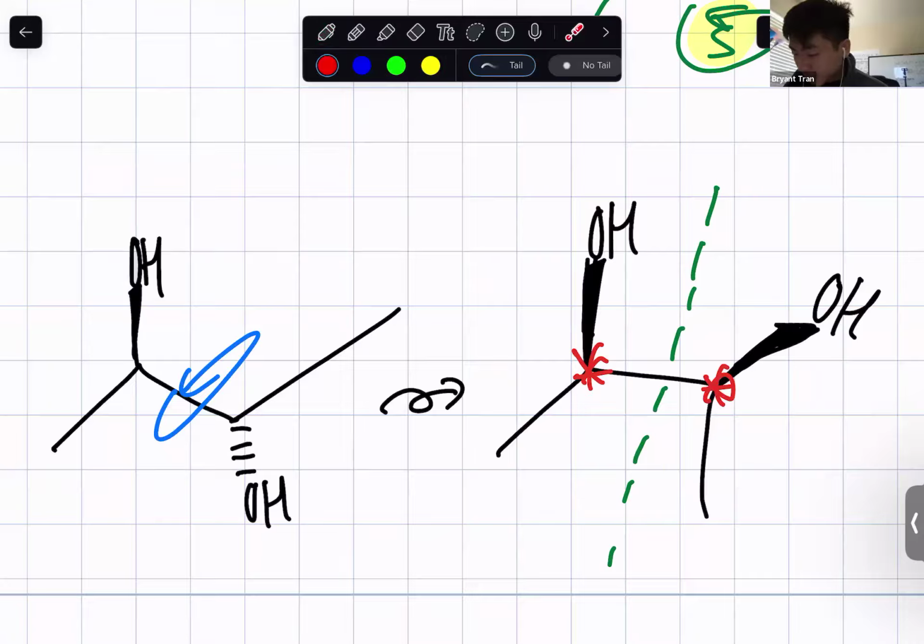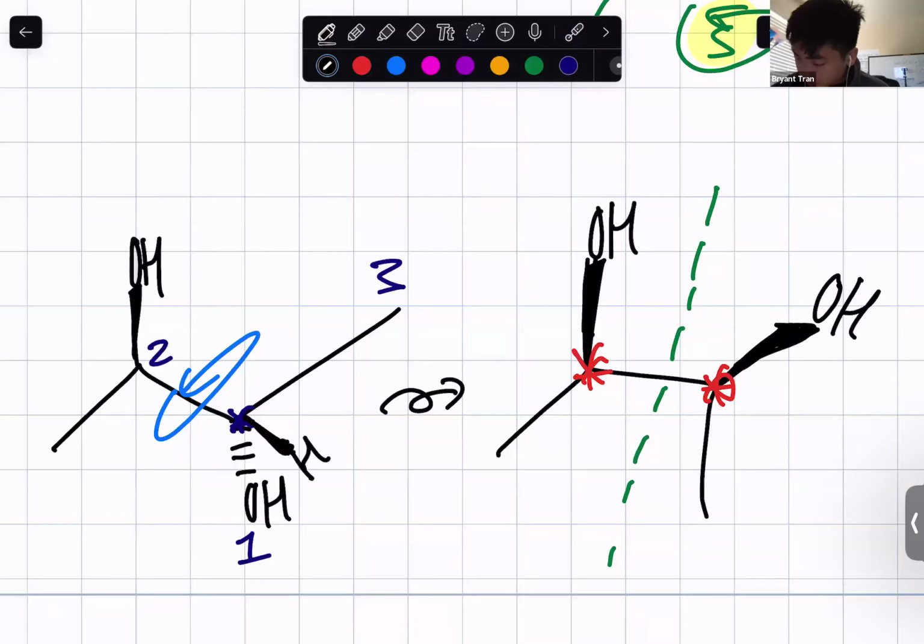Now the reason why we inverted this dash into the wedge here is because we want to maintain the R/S configuration to make this the same molecule, right? Because if we were to assign the stereochemistry for this chiral center here, that would be 1, this would be 2, this would be 3, and then the hydrogen, 4, is on the wedge. So we would have to invert whatever it looks like, which is going to be counterclockwise.